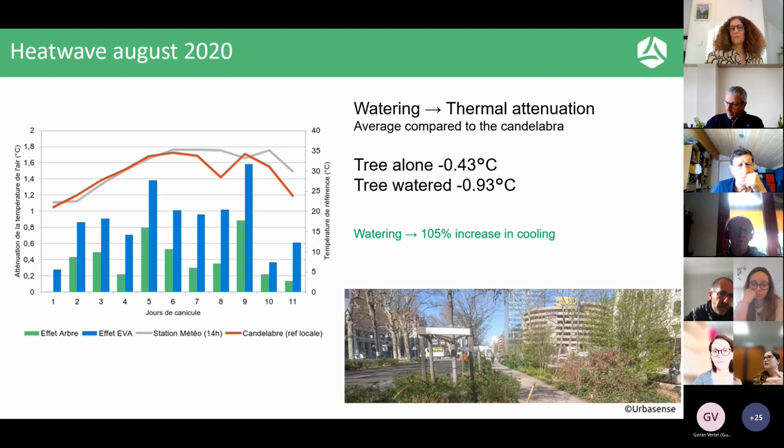We saw this data and we thought it's not as much as we anticipated. We thought it would be better. So we made a few adjustments, because we measured the air temperature on a pole that was 7 meters high in this experimentation.